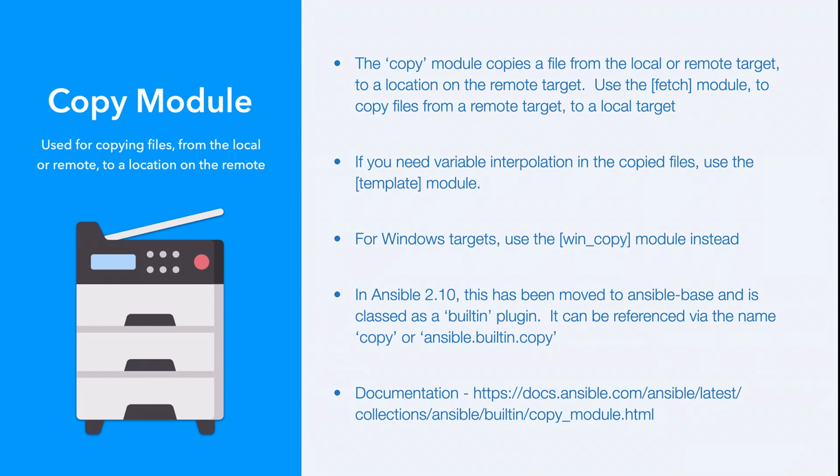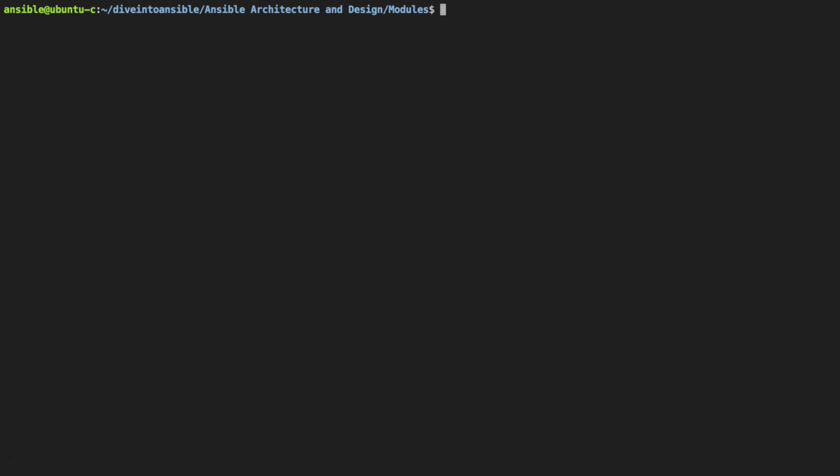The next module we're going to look at is the copy module, which can be used to copy files. If we create a temporary file and then use the copy module specifying the source and destination, something interesting will happen, as the source Ubuntu-C is also a target.